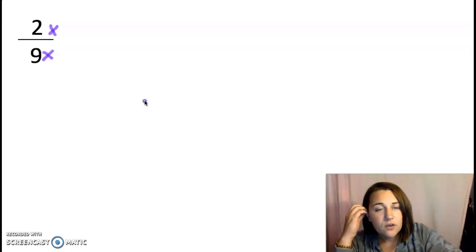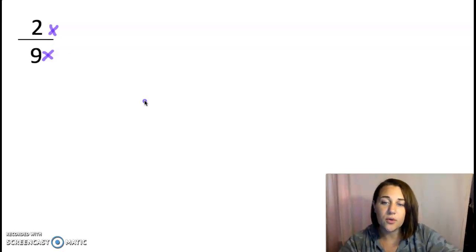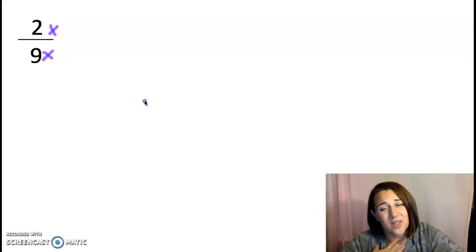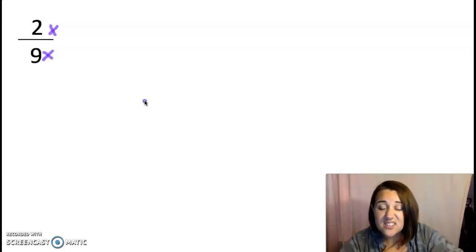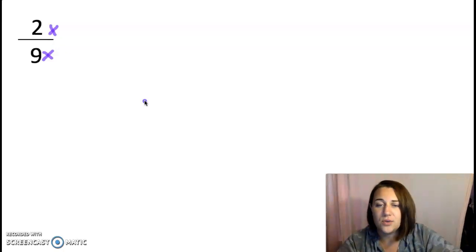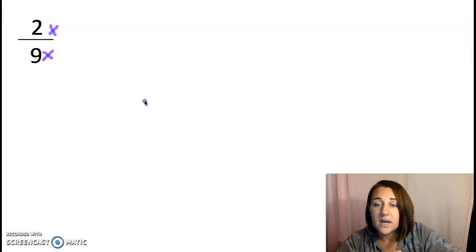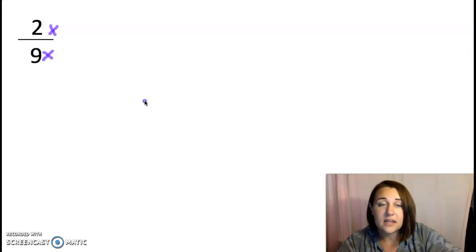Now remember, friends, for the sake of right now learning our equivalent fractions, we can multiply by any number, right? I'm keeping this simple for you. I want you to keep it simple and I want you to get comfortable with it. So I know that multiplication by 7s are a little tough for me, so I'm not going to use them right now.